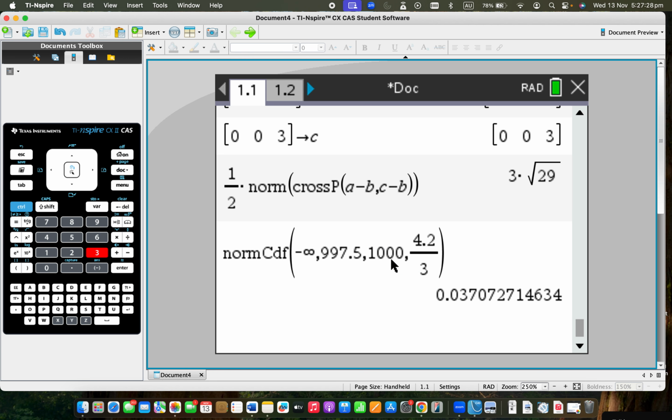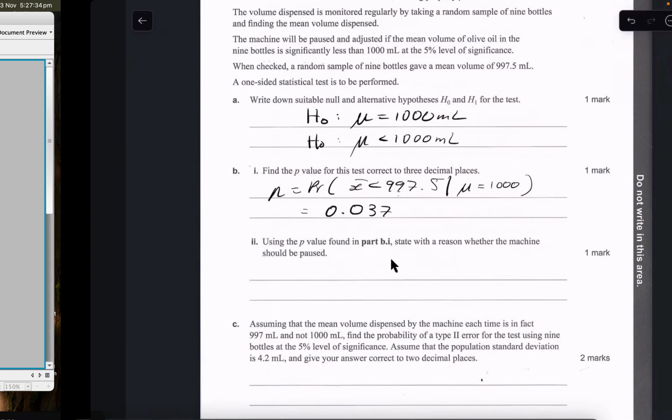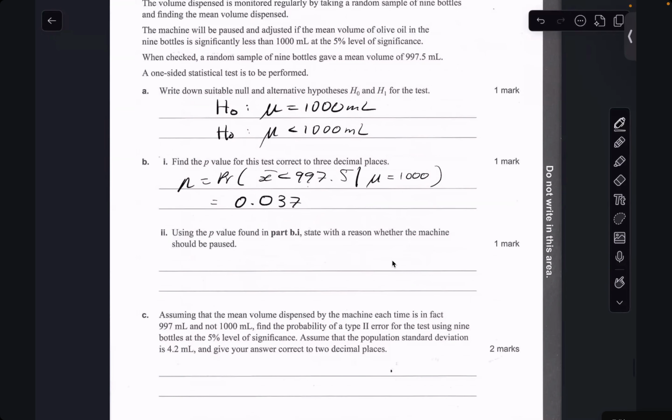That gives 0.037. Using the p-value, state with a reason why the machine should be paused. Since p is less than 0.05, the machine should be paused.